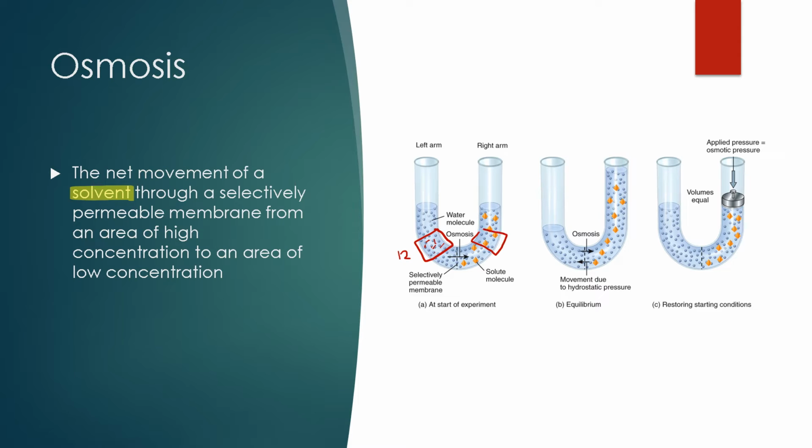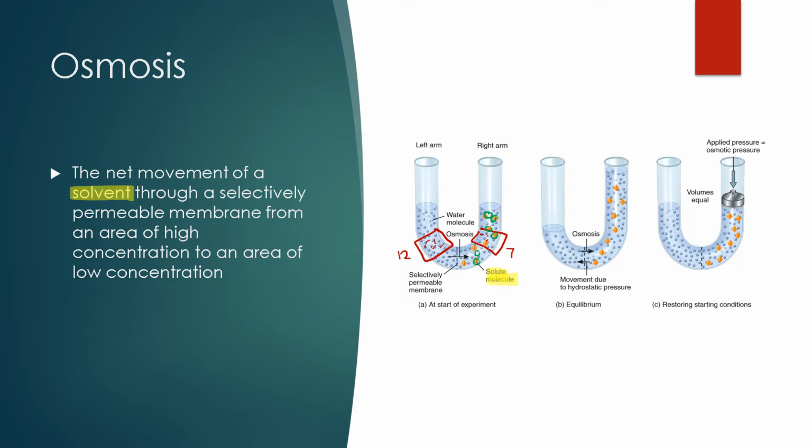Whereas here, in the same size area, there are 1, 2, 3, 4, 5, 6, 7 molecules of water. This is because there are a lot of other molecules in this area that take up space, so not as much water can be in that same area. We have these solute molecules that take up space.